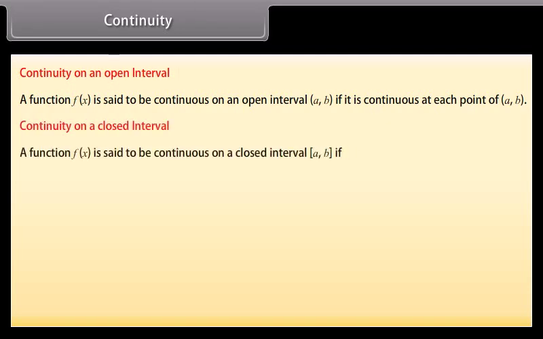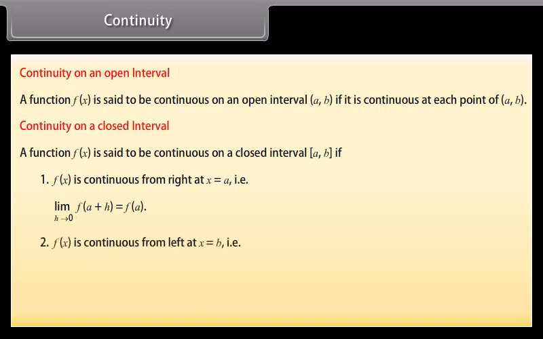A function f(x) is said to be continuous on a closed interval [a, b] if 1. f(x) is continuous from right at x = a. That is, limit h approaches 0 of f(a plus h) = f(a). 2. f(x) is continuous from left at x = b.